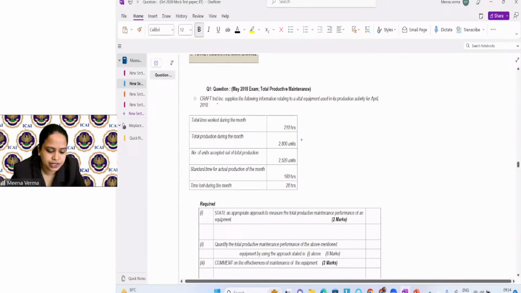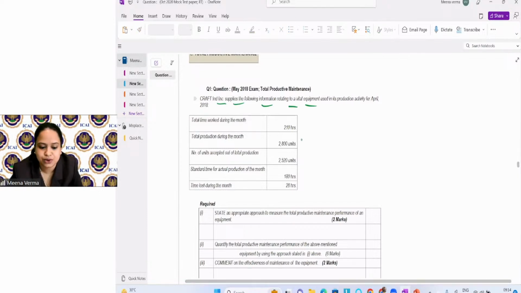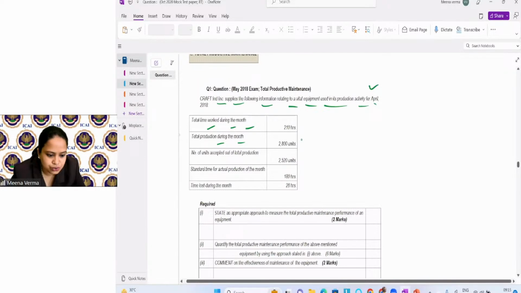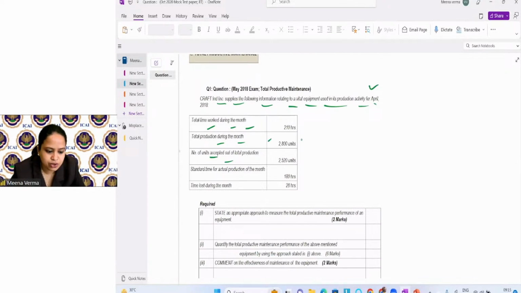Kraft Indian Incorporation supplies the following information related to vital equipment used in the production activity for April 2018. What is given? Total time worked during the month is given. Total production during the month is given. Then number of units accepted out of the total production is given.